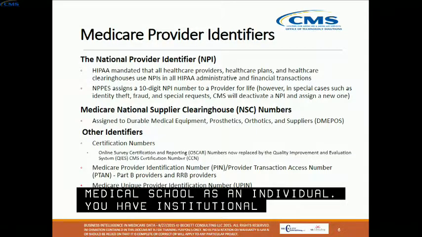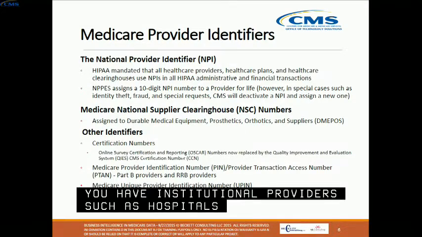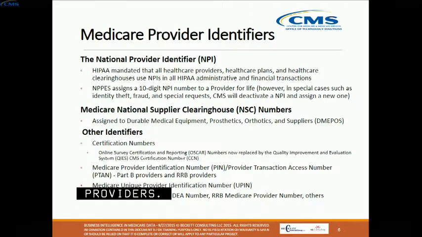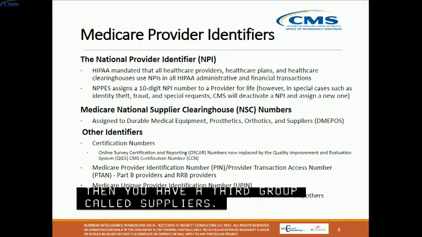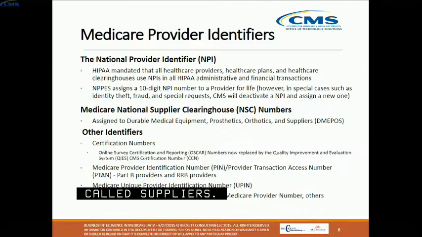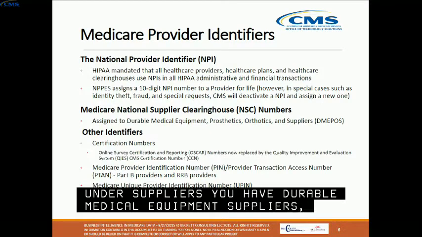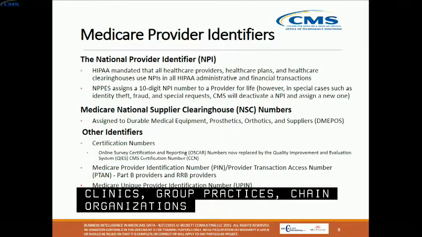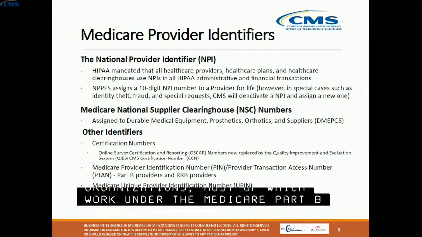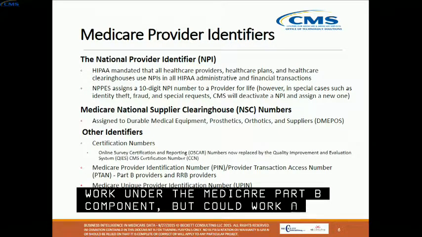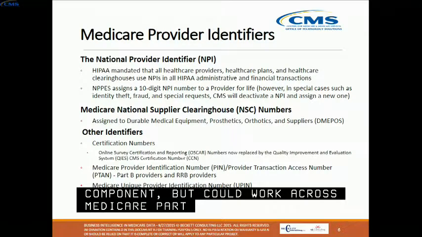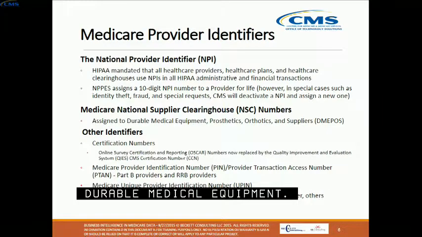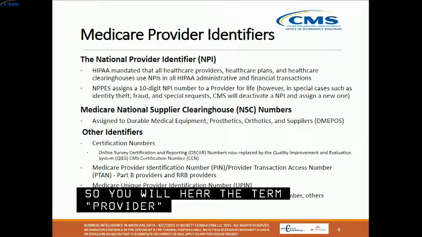And then you have a third group that's called suppliers. Under suppliers, you have durable medical equipment suppliers, you have group practices, you have clinics, you have chain organizations, most of which work under the Medicare Part B component, but could work across Medicare Part B as well as the durable medical equipment. So you'll hear the term provider used to cover all three of those classifications of providers.